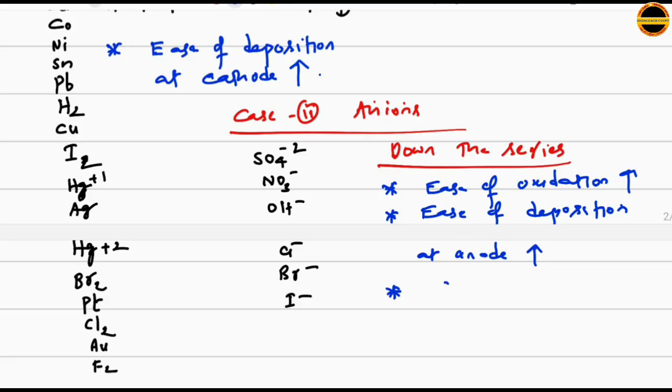So you can write here SOP increases, SRP decreases down this series. Observe it everyone: ease of oxidation, ease of deposition at anode increases, SOP increases, SRP decreases.